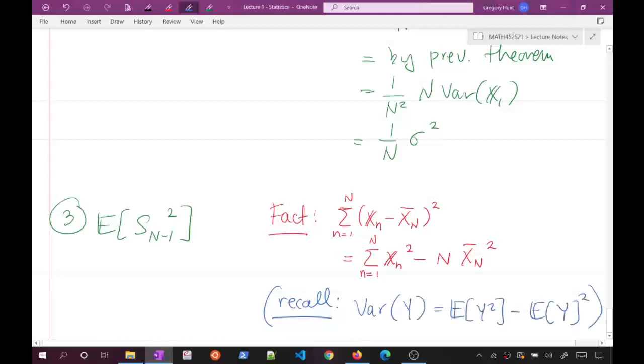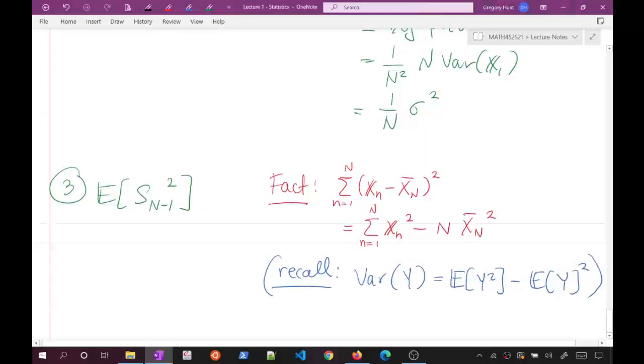That's a fact from 451. This has a similar form, where this is basically like the variance, and this is like the square of the expected value. Not quite, but pretty much.